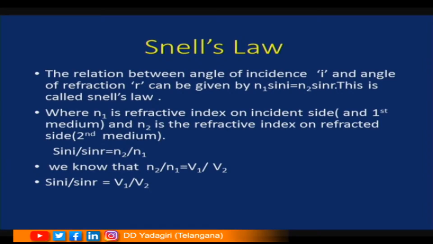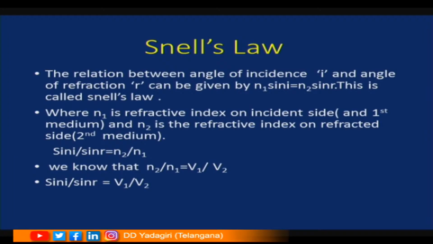Snell's law states that the relation between angle of incidence I and angle of refraction R is given by n1 sin I = n2 sin R. This is a mathematical relation between the refractive indices of the pair of media and the angle of incidence and angle of refraction.